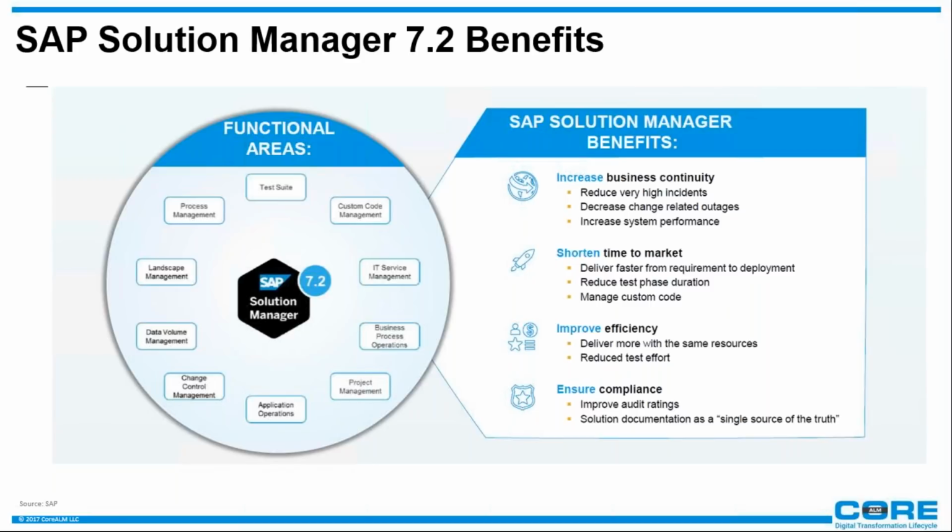And then landscape management, data volume management, change control management, which of course is really tied closely with test suite. Application operations, project management, business process operations, IT service management, and custom code management.